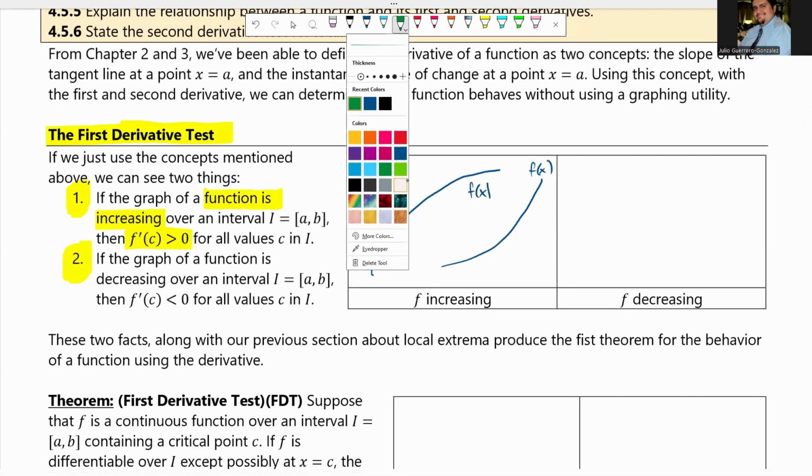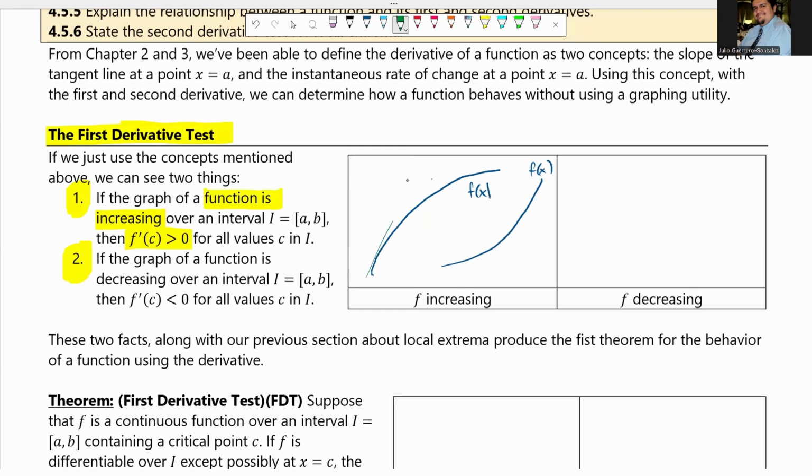Notice that all of these slopes, I'm drawing them in green lines for a reason. You see all these slopes, they are positive. They are increasing slopes. So what I want to say here is f prime is bigger than 0 for all of these. The slopes are positive.